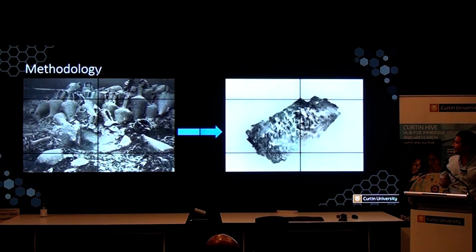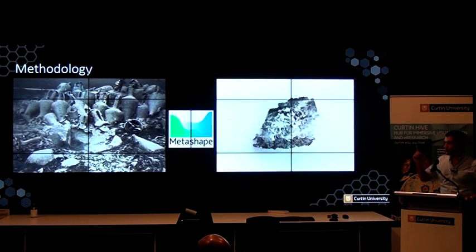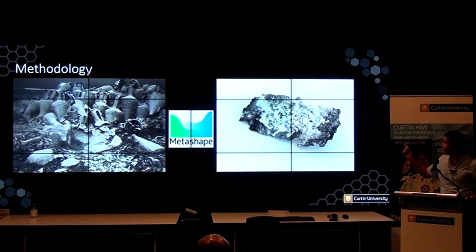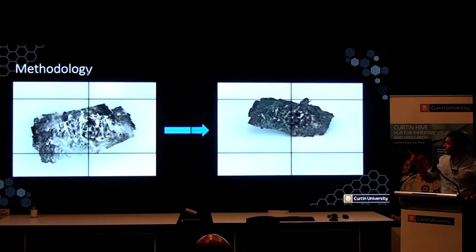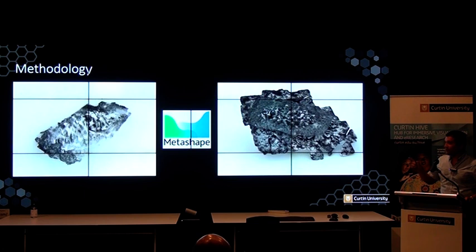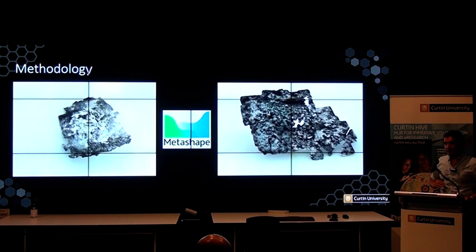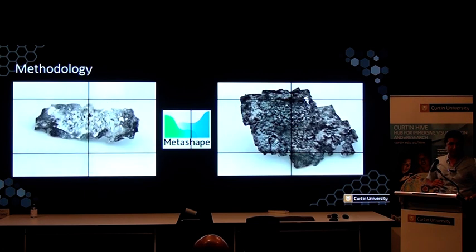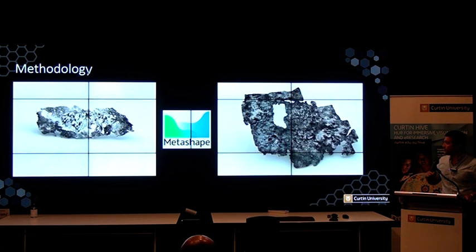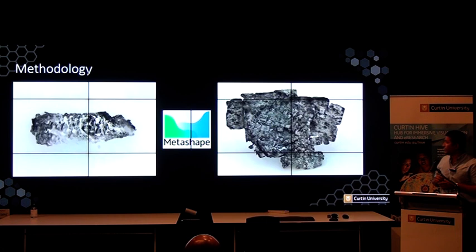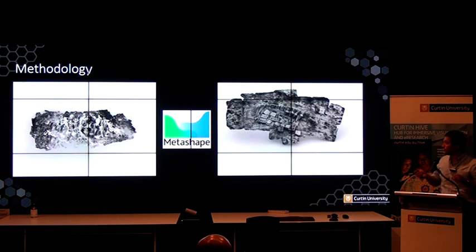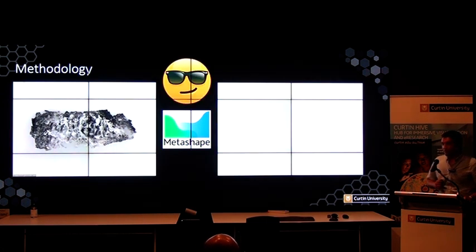So mainly, Metashape, do you remember this slide, was used to transform the 2D images into the 3D models. After that, I used Metashape again to build the temporal levels of the cargo, but this time we needed to link these levels together, so I had to use the professional version of Metashape.